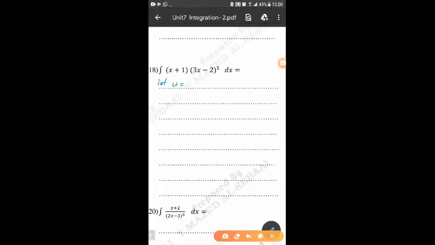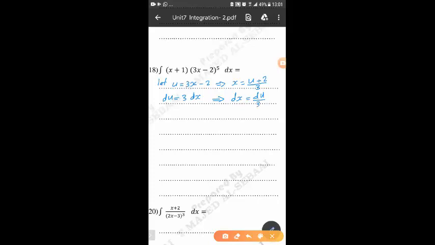Which substitution would I use? It will be 3x minus 2. Okay, that means du equals 3 dx. From here I can say that x equals u plus 2 all over 3. Did you understand how I made x the subject? Also dx can be a subject, like du over 3.